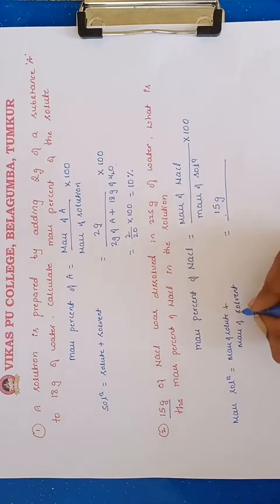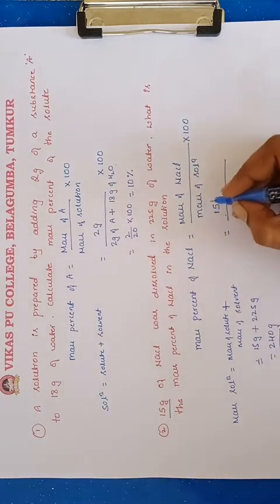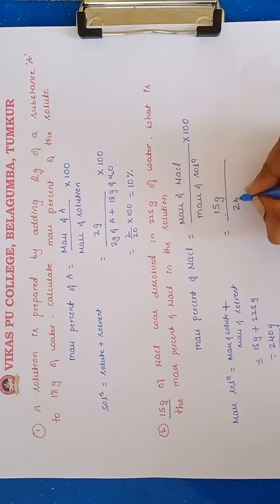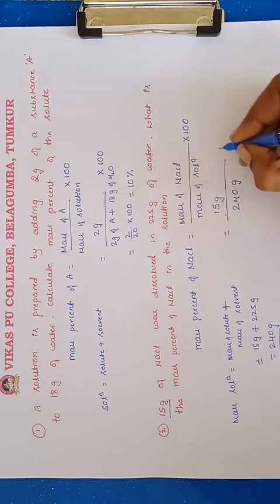The mass of solute is 15 gram and the mass of solvent is 225 gram. In total we get 240 gram. So the mass of the solution is 240 gram, and we take 240 gram into 100.